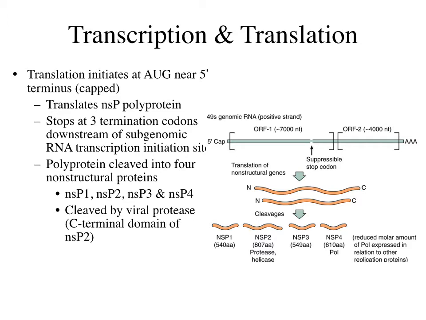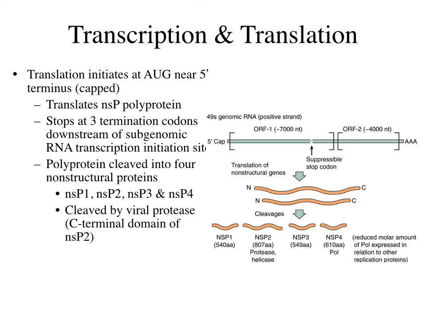In terms of transcription and translation, translation of genome RNA begins at an initiator UAG near its 5' end. It usually terminates at a UGA codon positioned close to the end of the non-structural P3 coding region, generating a P123 polyprotein.